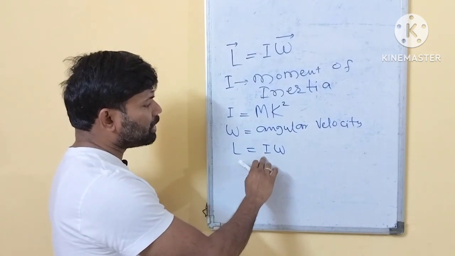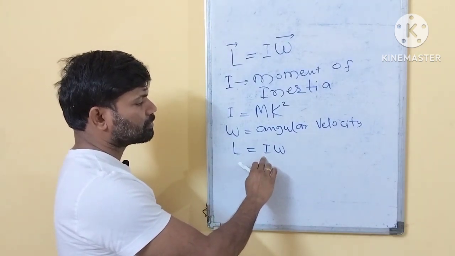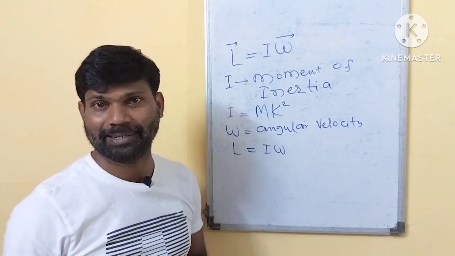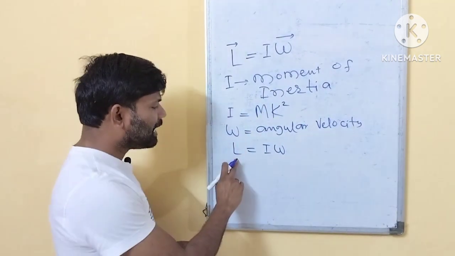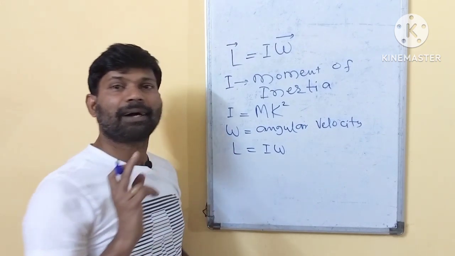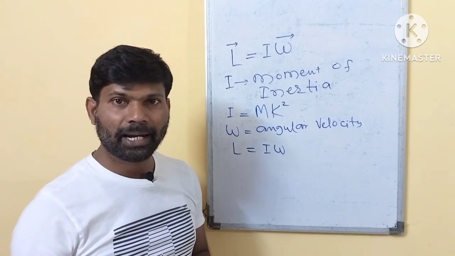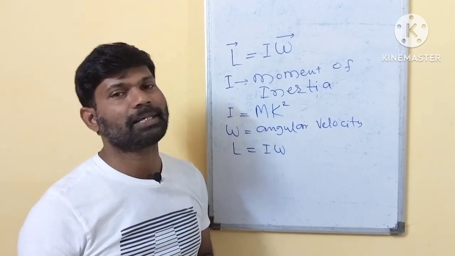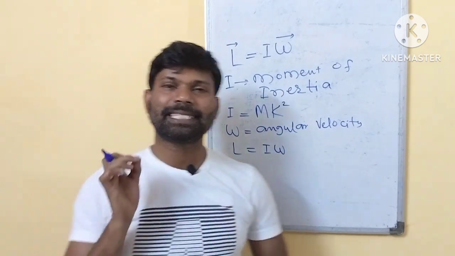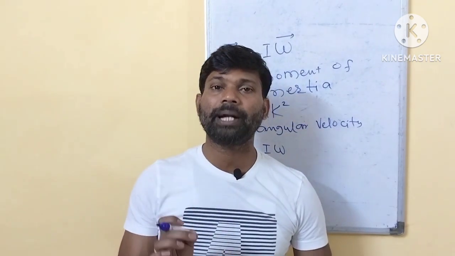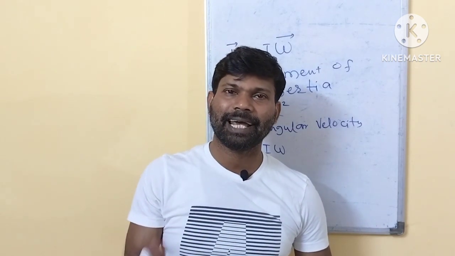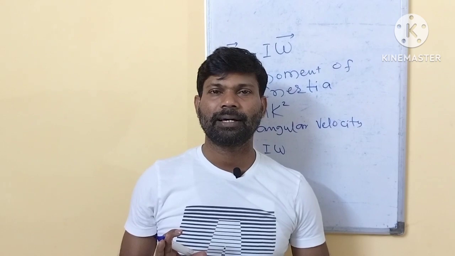this I is moment of inertia. If it changes, what happens to angular speed? L is angular momentum. It is constant when net torque on the system is 0. In that case, if there is change in moment of inertia, there will be change in angular speed.